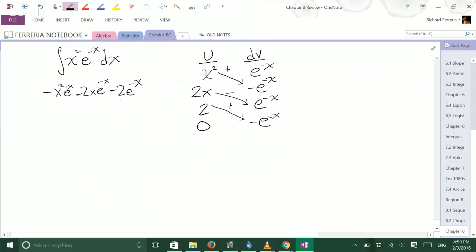Simplify. Looks like I could factor out a negative 2, right? No, a negative. Let's just factor out the negative. Negative e to the negative x, giving me x squared plus 2x plus 2. We're going to have to compute a limit, so that negative exponent needs to go. This is negative x squared plus 2x plus 2 on top of e to the x. Sweet, that's my antiderivative.